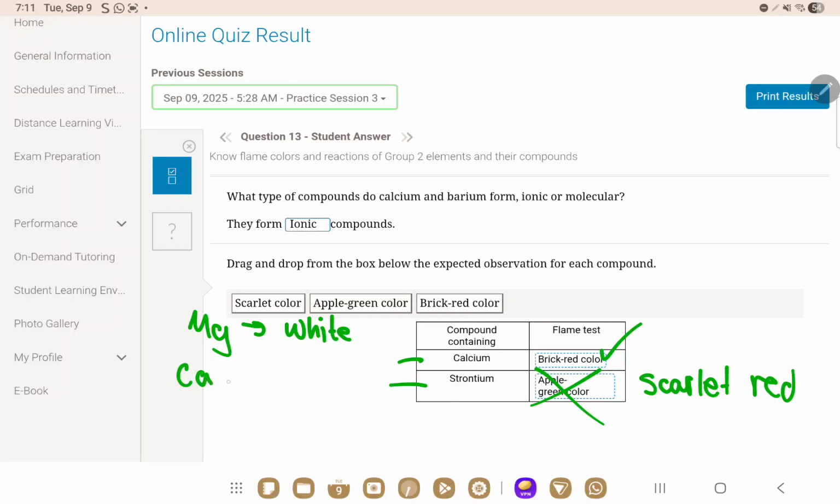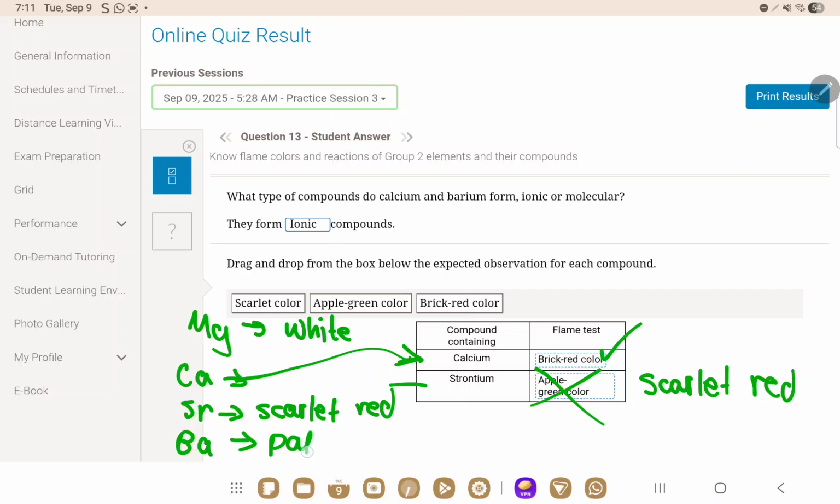Ca, calcium, gives you a brick red color. Sr gives you a scarlet red flame. And barium gives you a pale green color or apple green color. Those are the colors of all of them.